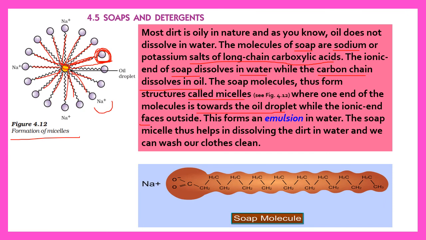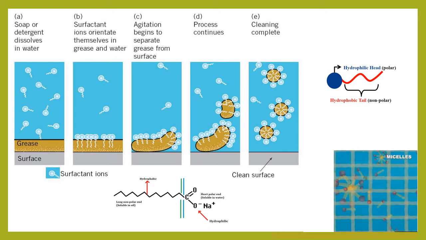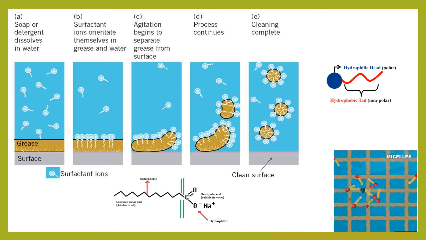That is the molecule of soap. You can see there are two parts of this molecule. One is the head and the other one is the tail. This is the process of cleaning the dirt from the cloth and formation of micelle. At first, soap or detergent particles are dissolved into the water, that is the surface of cloth, and that is oil or grease or dirt, and these are all soap particles.